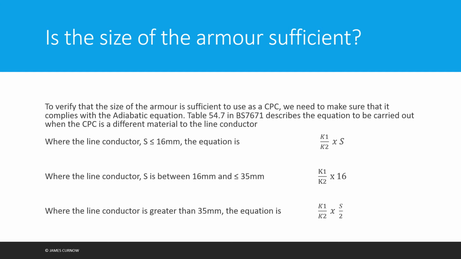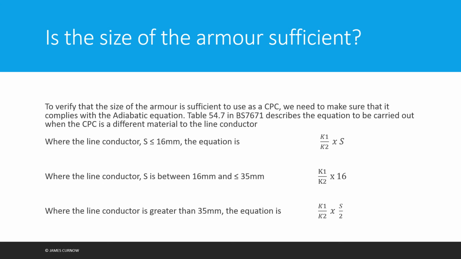So the first one is where the line conductor S is less than 16mm², the equation is K1 divided by K2 multiplied by S. So K1 is the K value for the line conductor. K2 is the K value for the CPC, so in this case the armour of the SWA cable, and S is the size of the line conductor.